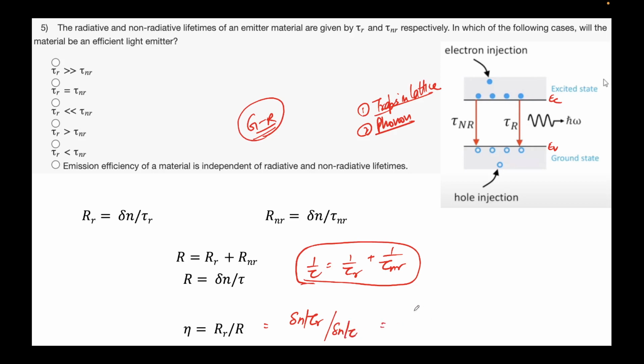This will come out to be tau by tau r. If you just take the LCM over here, this will come out to be tau r tau nr over tau r plus tau nr, divided by tau r. So what you can get here is tau nr over tau r plus tau nr.